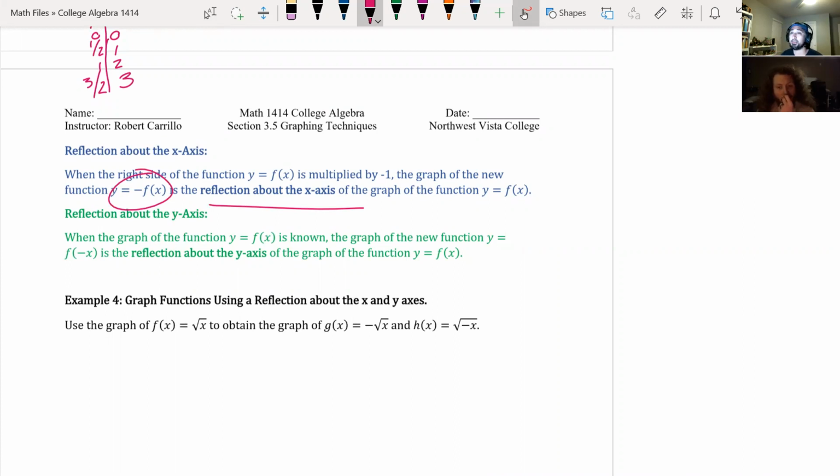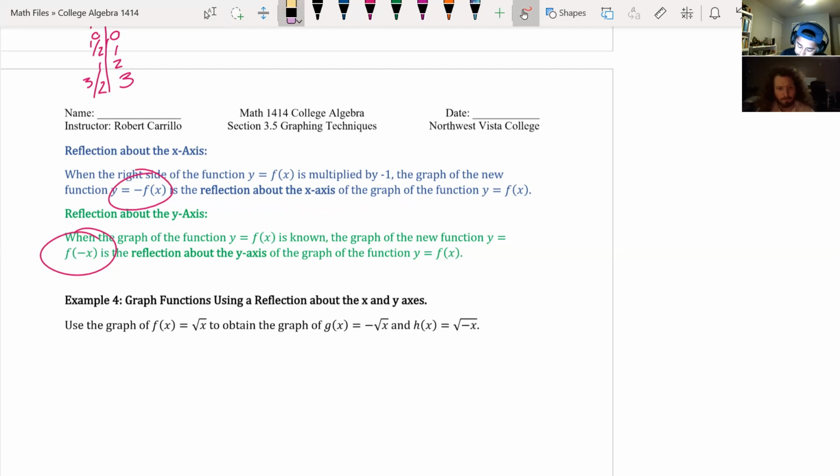And then a reflection about the y-axis, if we have the inside of the function multiplied by -1, then this will be a reflection about the y-axis. So outside of a function, it's going to be over the x-axis. Inside of the function, you reflect over the y-axis.